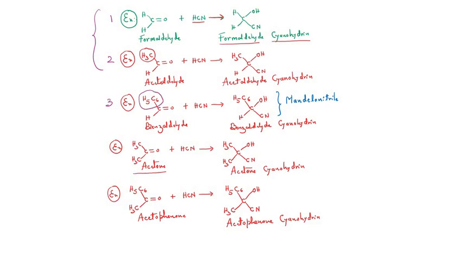In example 4 I have taken an aliphatic ketone. Is it clear, students? And in example 5 I have taken an aromatic ketone. You can see that here we have a C6H5. Like this only we have to write the addition reactions for different nucleophilic addition reactions.